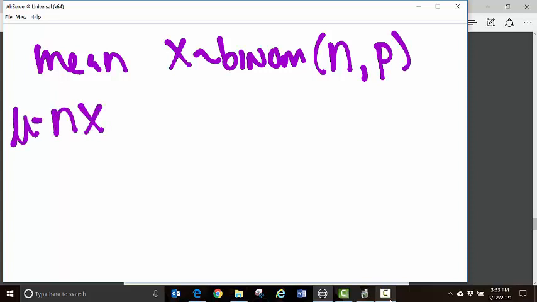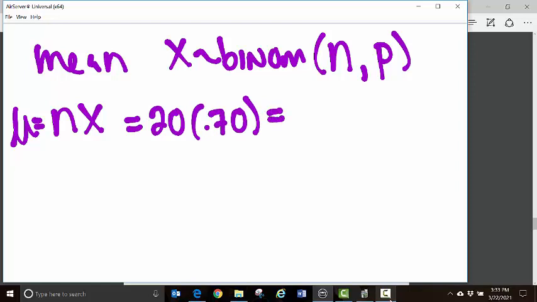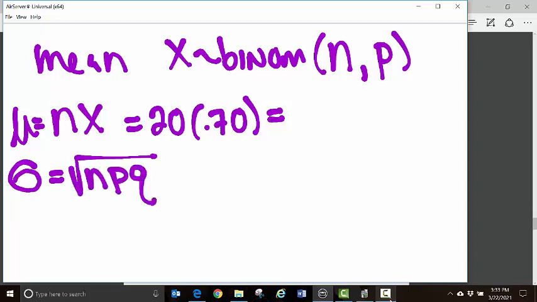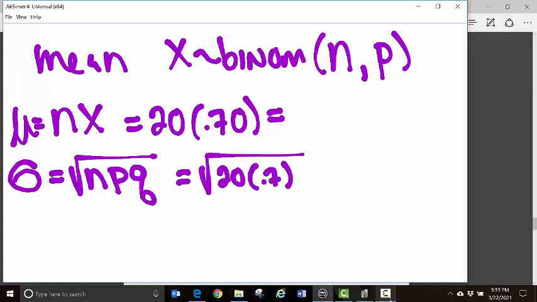That's the mean. So in our problem, I talked to 20 people and there was a 70% success rate. So whatever 70% of 20 is, that's the mean. The standard deviation for a binomial is the square root of n times p times q. So the square root of 20 times 0.7 times 0.3.